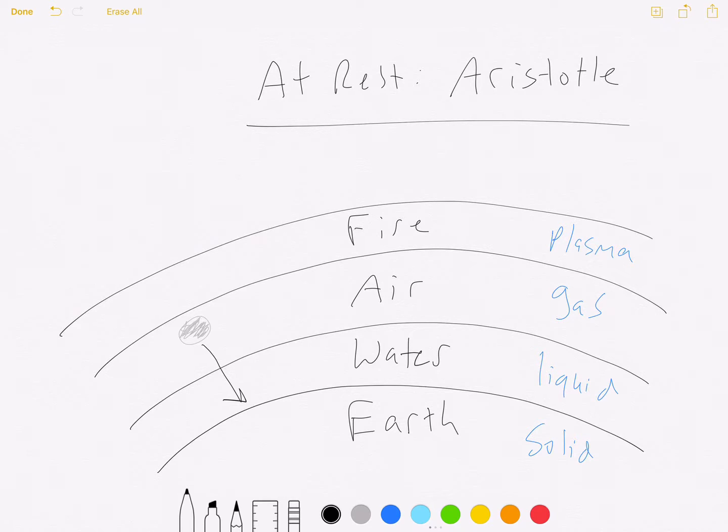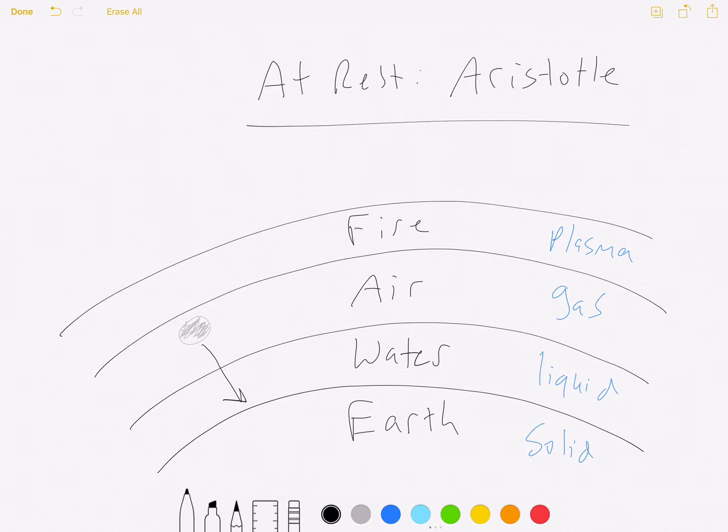For Aristotle, the earth was completely at rest. It was not flying around in space. It was not orbiting the sun. It was not orbiting the center of the Milky Way. It was just totally at rest.